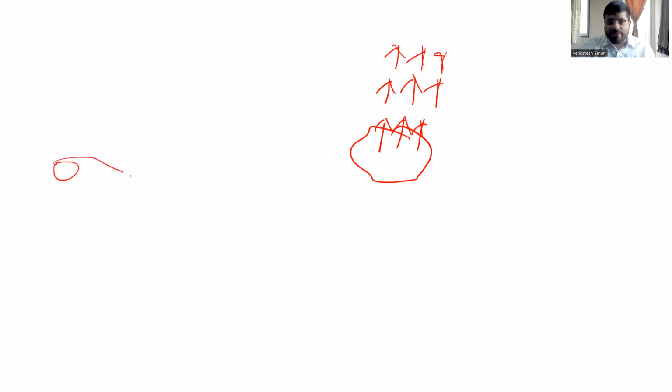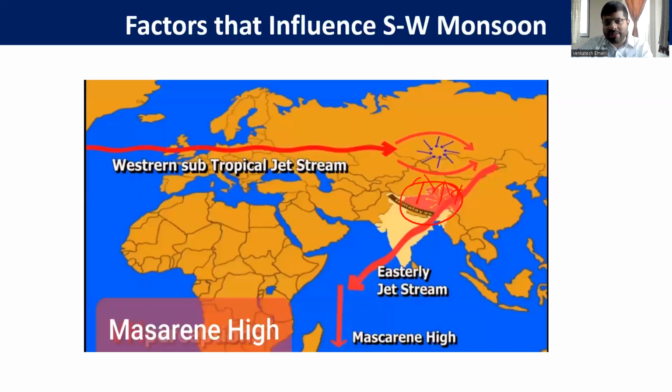Suddenly this jet stream which was there disappeared. So there has been a vacuum now. Whatever heat is rising from Tibet moves in the upper atmosphere, and there develops another local level jet stream called the easterly jet stream, and this will descend into the Indian Ocean, say at a place called the Mascarene Islands.